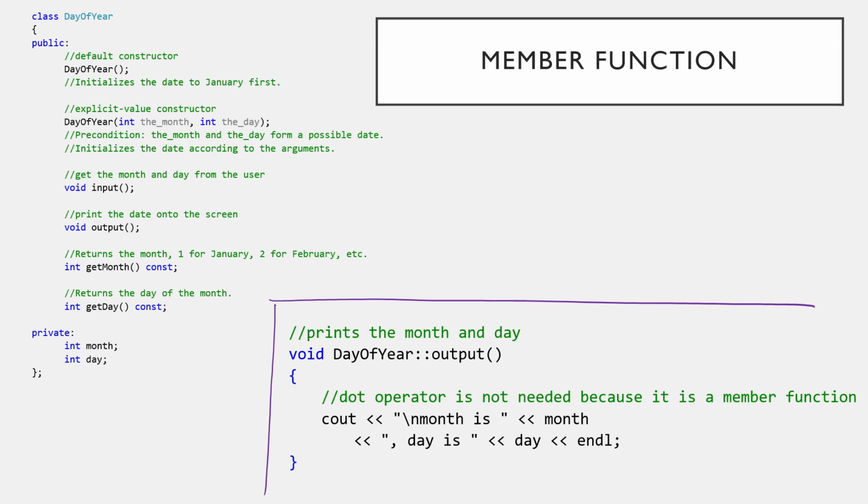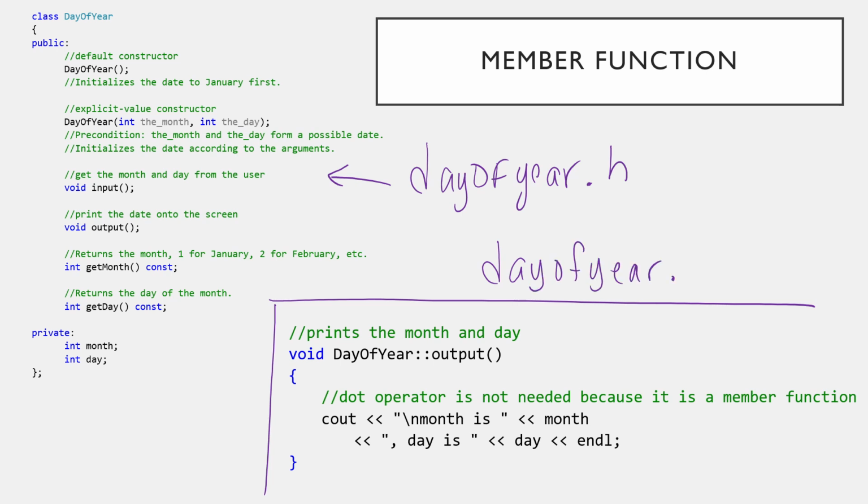So you would have a day of year .h file, and that would have your declaration in it. And in your day of year .cpp file, you would have the implementation of all of your functions.